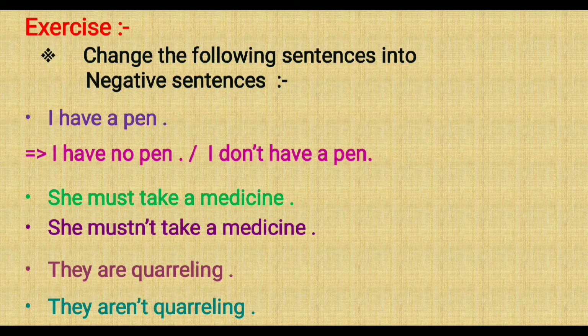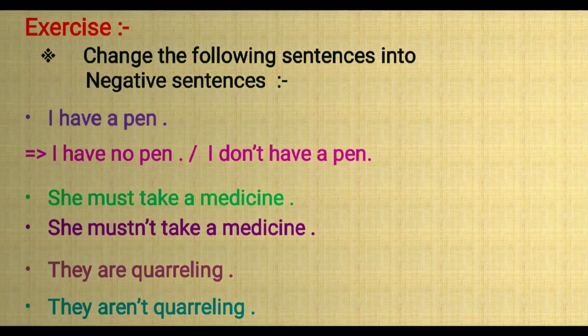Otherwise your answer will be wrong, because it is the main part of the sentence when you use this verb in a negative form. If it is wrong, then I will not give you any marks. Okay?